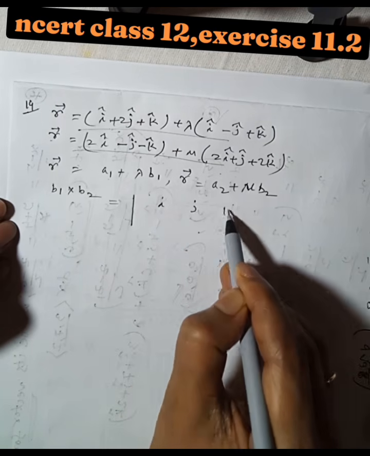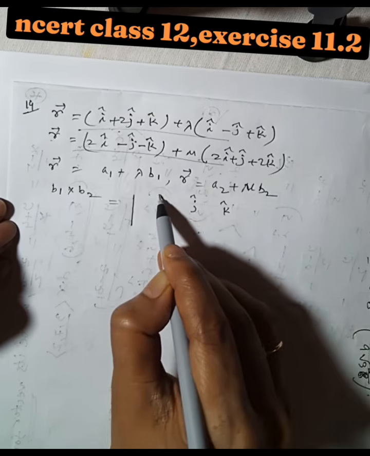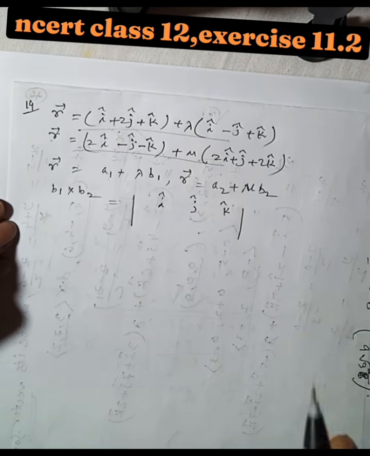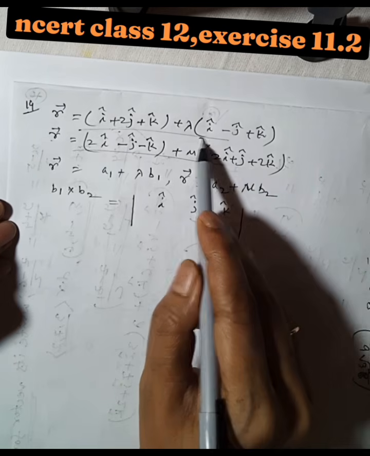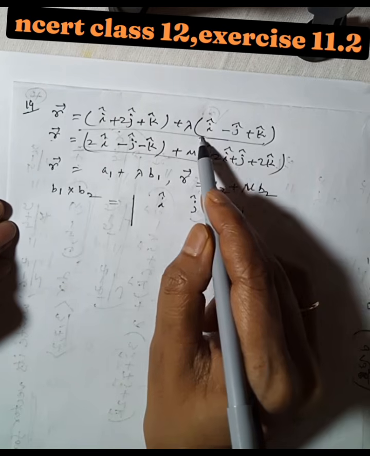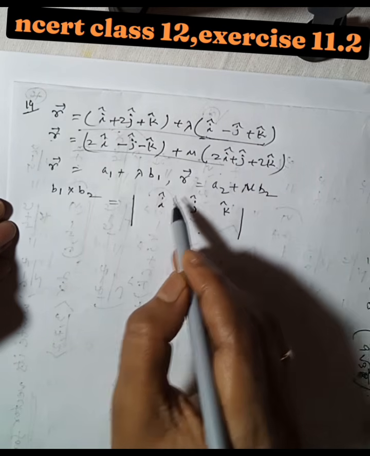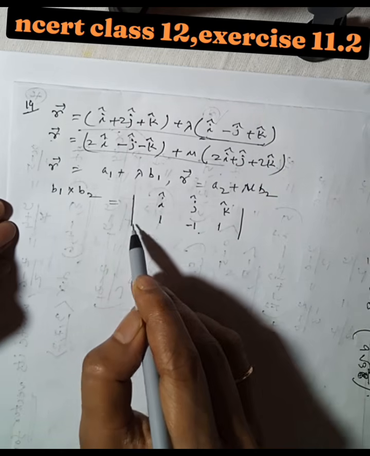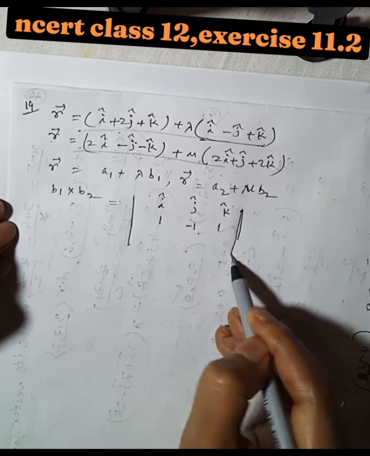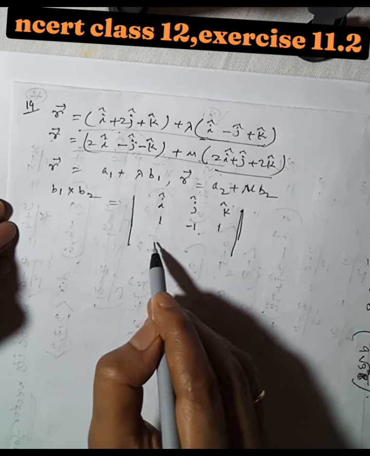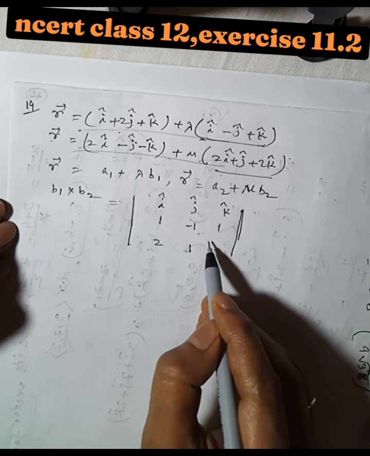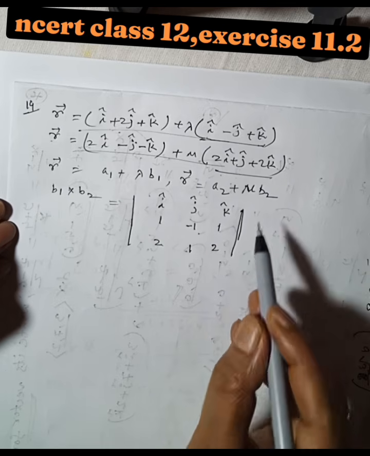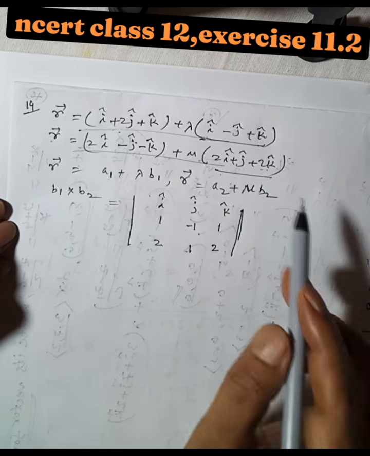Using the determinant with i, j, k, here b1 is 1, -1, 1, and b2 has direction ratios 2, ... These are the direction ratios of the second equation.